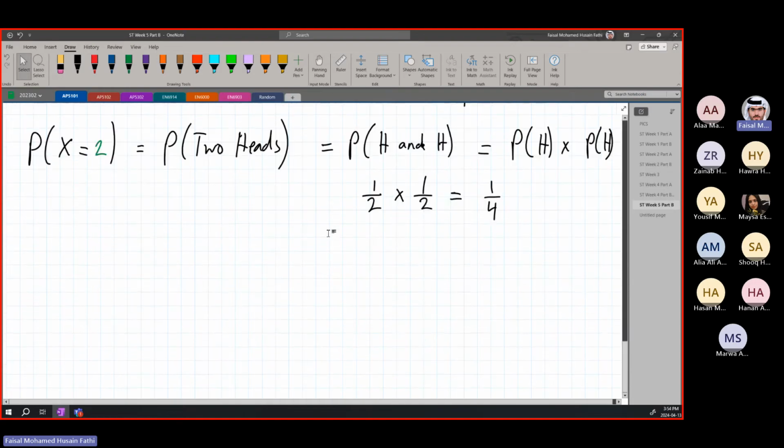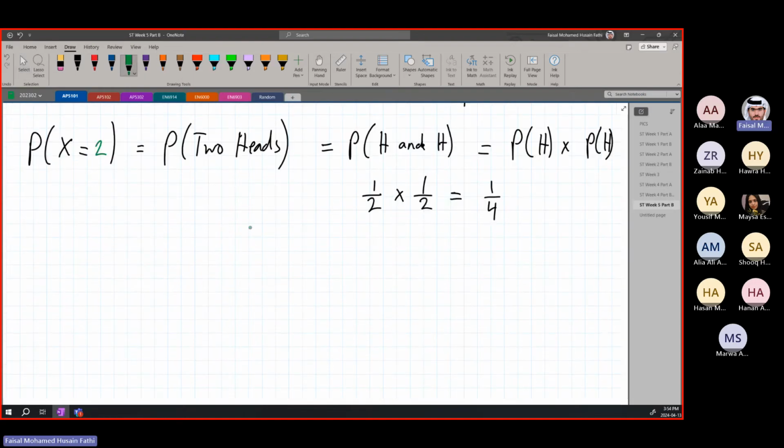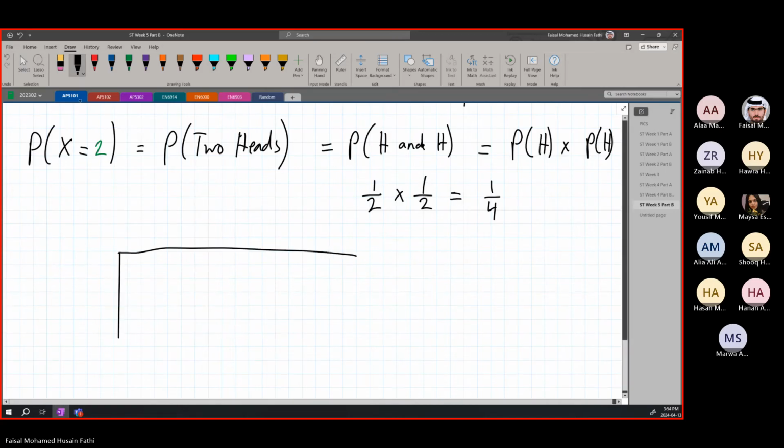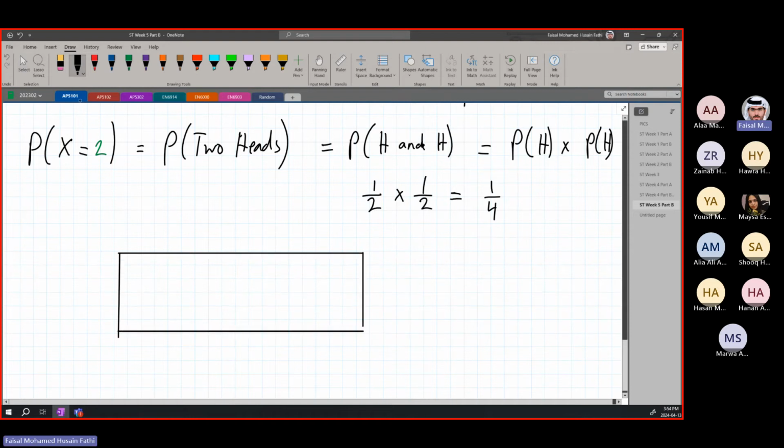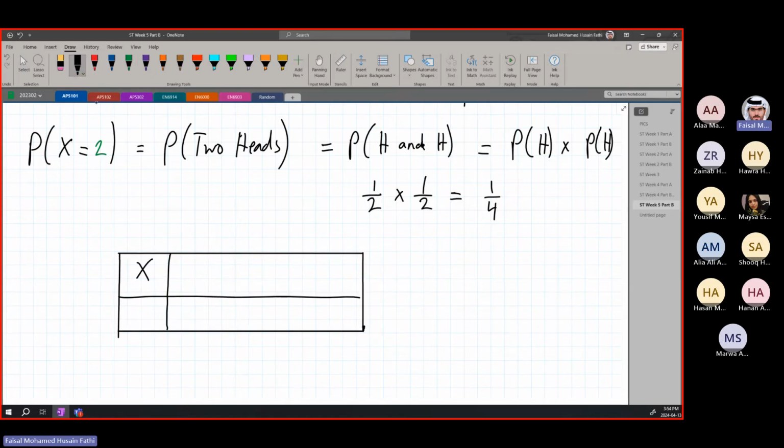Usually, how this is displayed or how it's shown is in a table. A table like this with all your probabilities. The top part is going to be x, okay, x. And the bottom part is going to be your probability p.